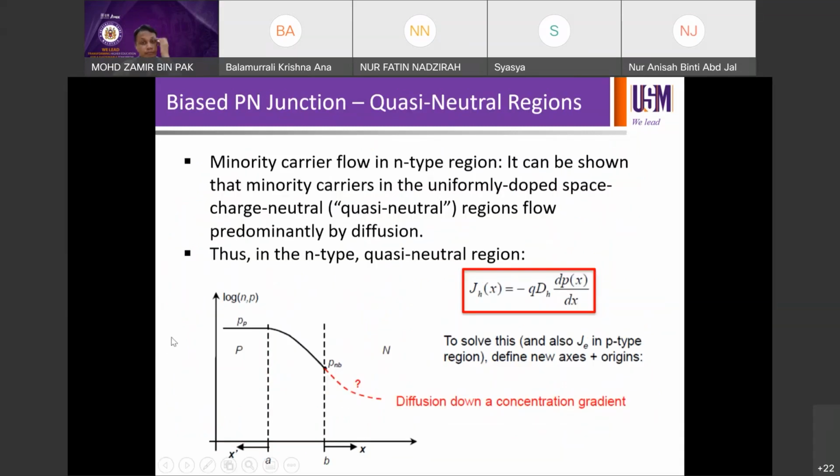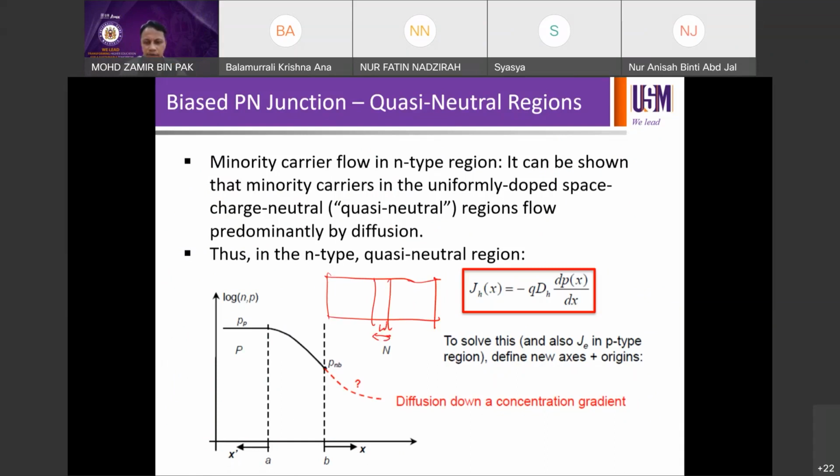So this region, beyond the depletion region, to the left and to the right is called the quasi-neutral region. So you have the depletion region here, I put W, depletion region.